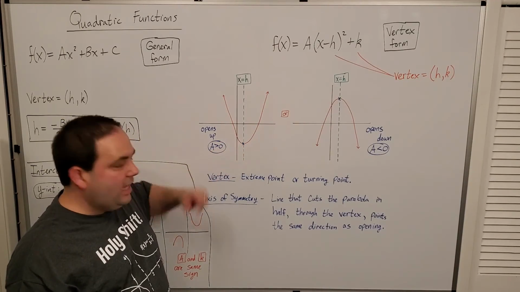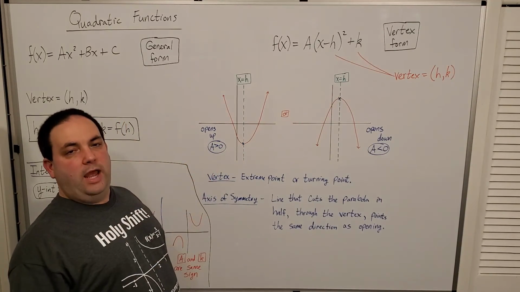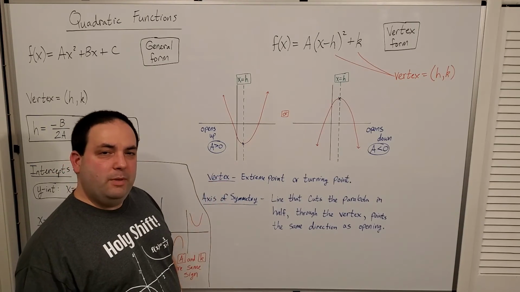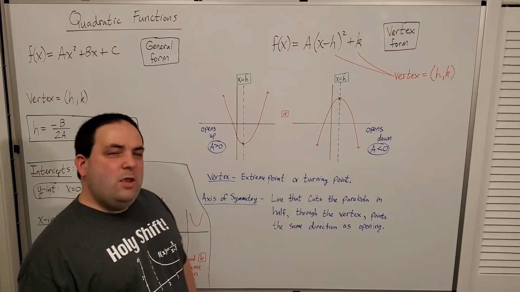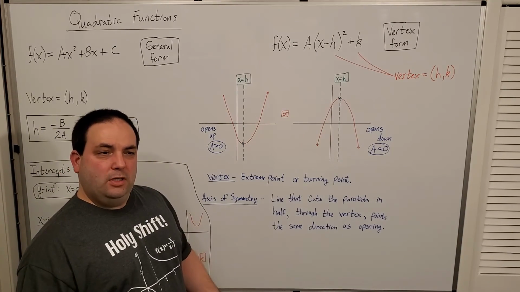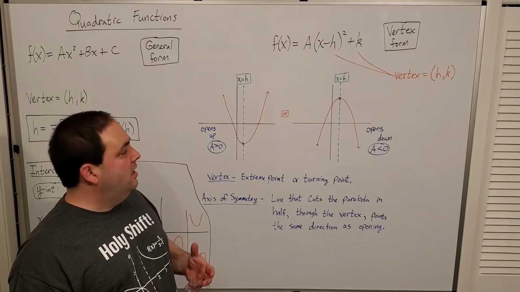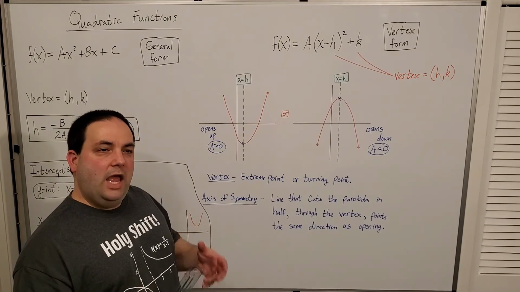So if you know exactly the point where it turns around, then the graph is going to be pretty easy to draw.